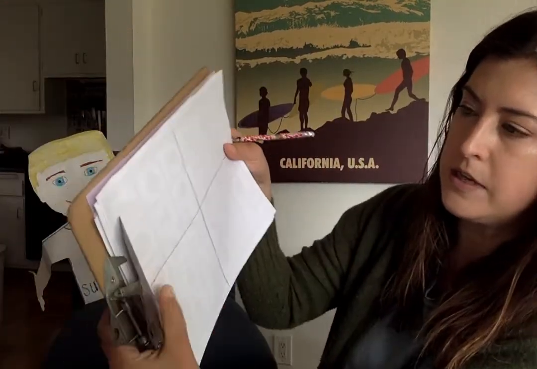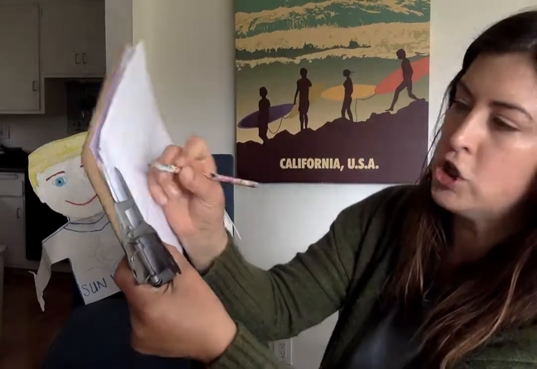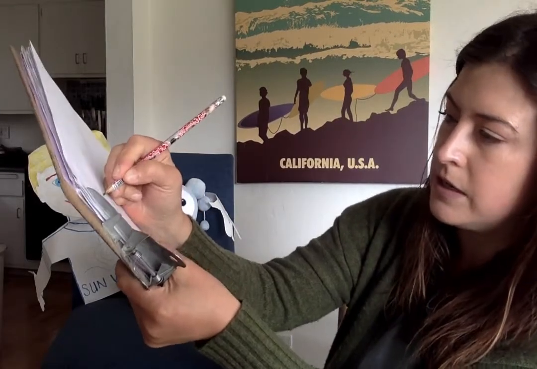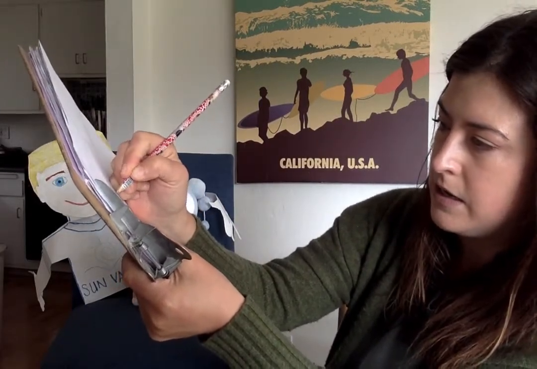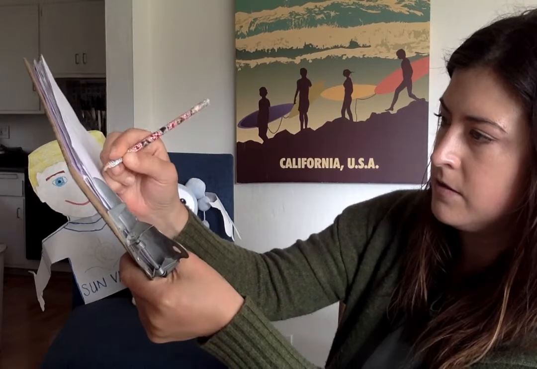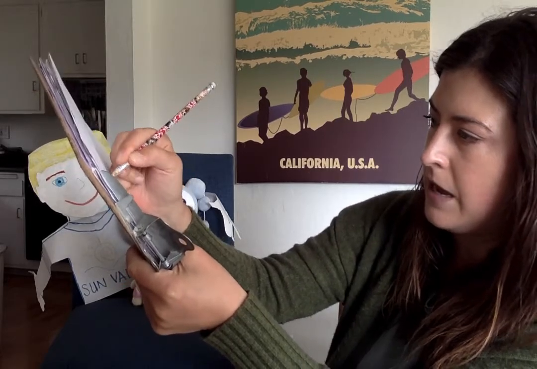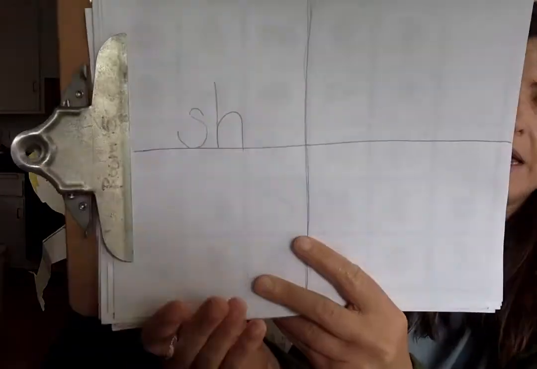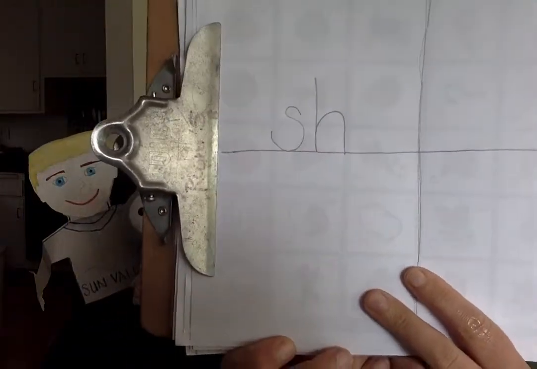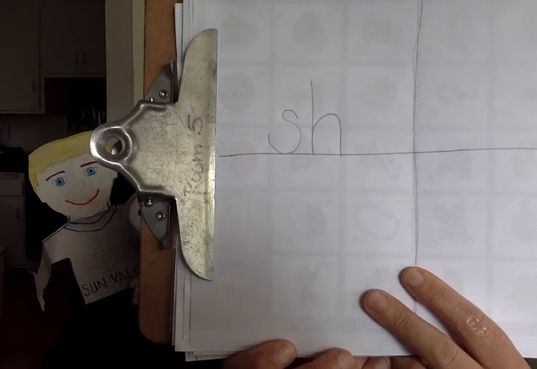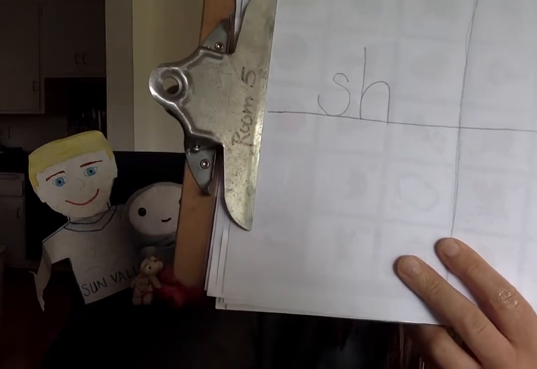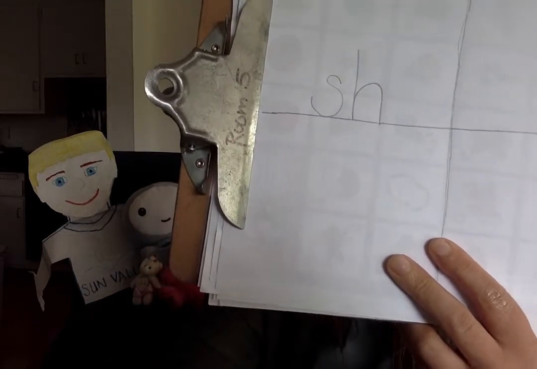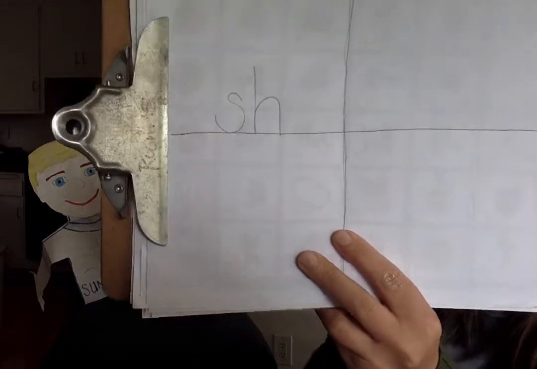So there's a T, and then you have 1, 2, 3, 4 boxes. Okay, so the first sound is the sh sound. What letters did I say? S and H. So there's my S and H. And then I'm going to give you a choice. I tried to think of some things that might not be too difficult for you to draw that start with sh.